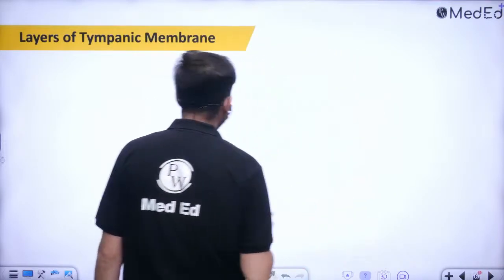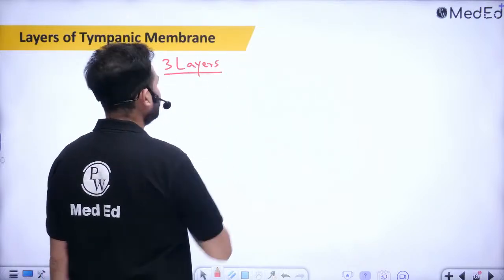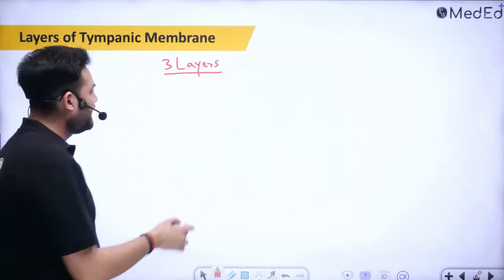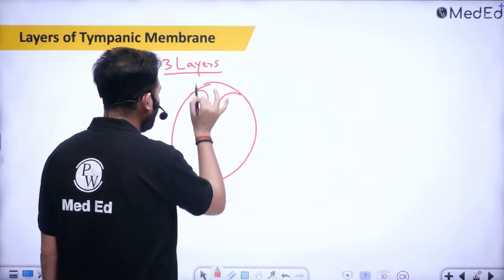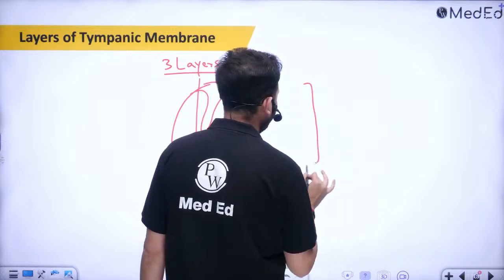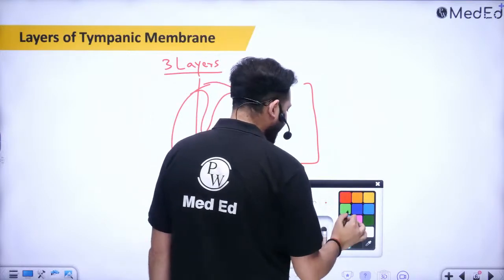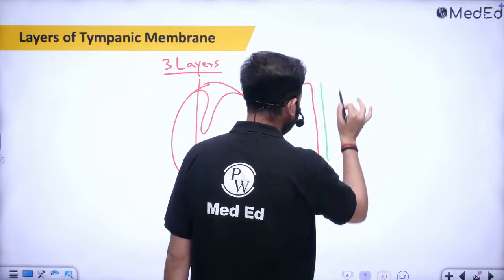The tympanic membrane is made up of 3 layers. यानी कि अगर हम साइड से देखें तो tympanic membrane में, अगर ये मेरी tympanic membrane है, if this is my tympanic membrane and I cut this tympanic membrane and I see it, then it will have 3 layers. एक बाहर, एक center में, and one inside.